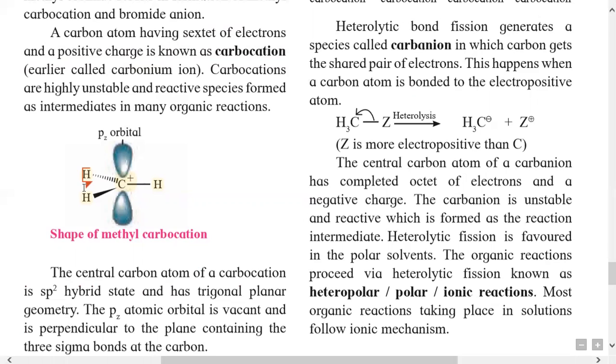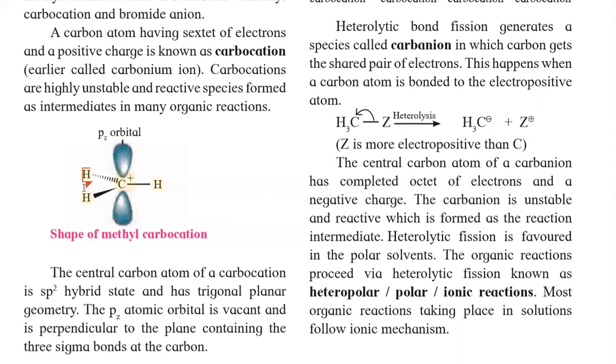These blue colored orbitals shown are called the p orbital of carbon, and a positive charge is present on the carbon. Here the 6 electrons are: one carbon-hydrogen bond has 2 electrons, so 3 carbon-hydrogen bonds possess a total of 6 electrons around carbon, and that is called a sextet of electrons.